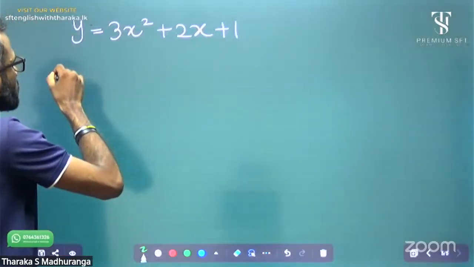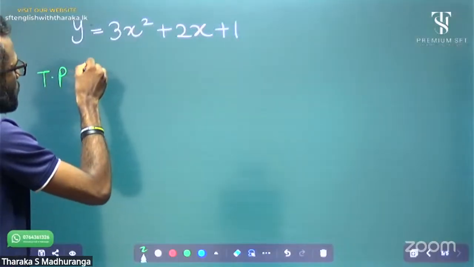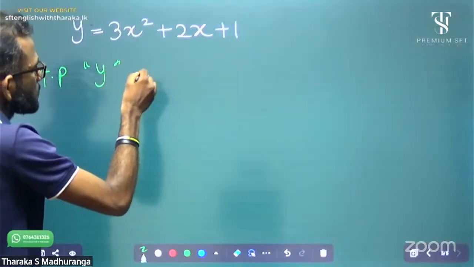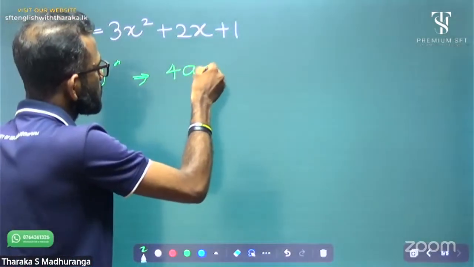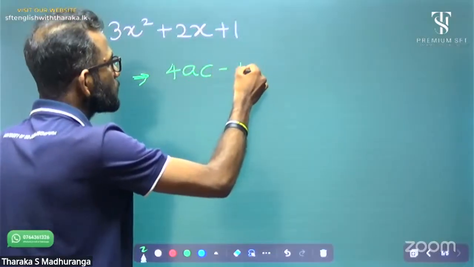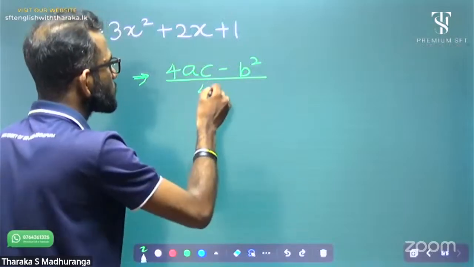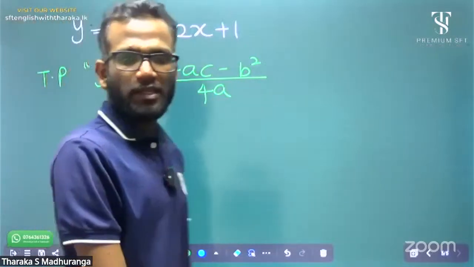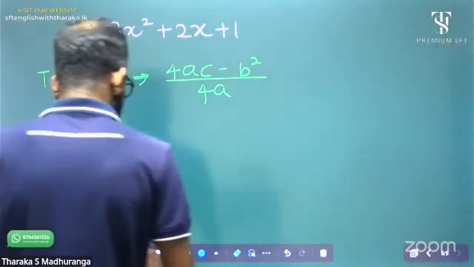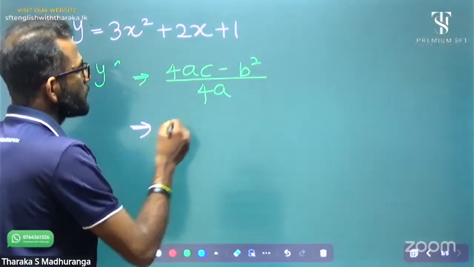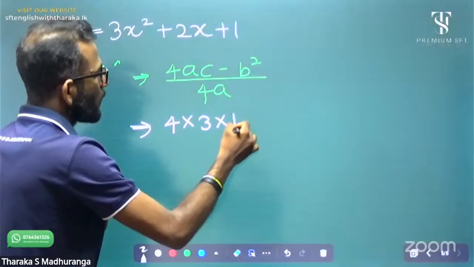The turning point y coordinate equals 4ac minus b squared over 4a. Remember: 4ac, 4 is a constant, a value 3, c value 1.